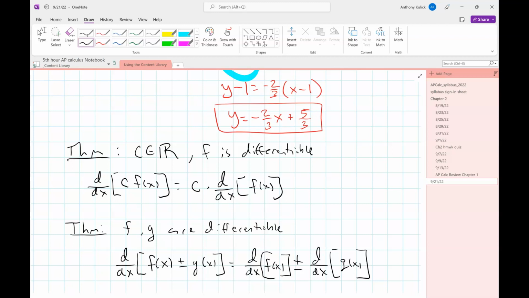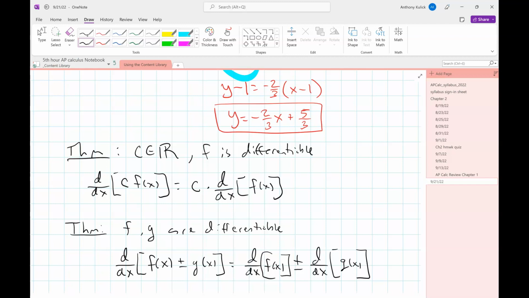So what are these two theorems saying in conjunction? That if I'm taking a derivative, I can just ignore the constant. I can pull the constant out front and take the derivative of the variable part. And if I have the sum or difference of a bunch of functions, I can take the derivative one at a time.